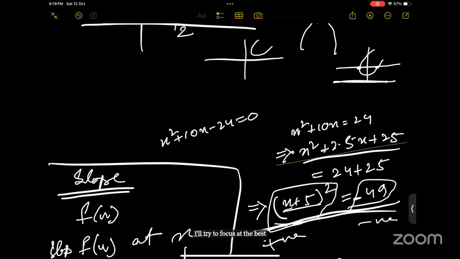Could you please explain the quadratic equation again? Can you repeat? In this class itself, could you please clarify that quadratic equation that you derived?